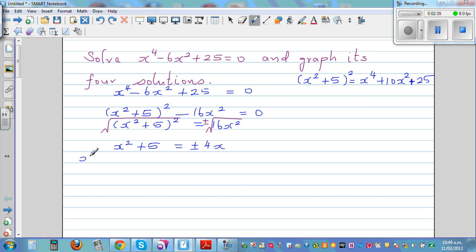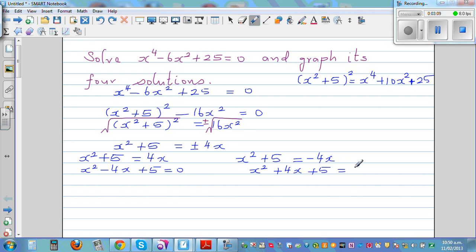So this means you got two quadratic equations: x squared plus 5 is equal to 4x, or x squared plus 5 is equal to minus 4x. Making them quadratic equations, this becomes x squared minus 4x plus 5 equal to 0, and this becomes x squared plus 4x plus 5 is equal to 0.